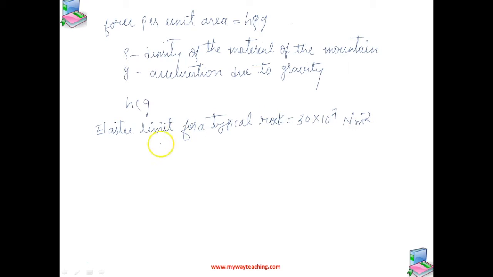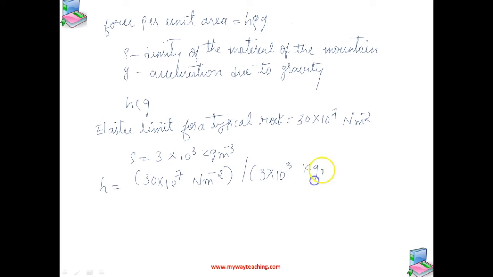So equating this to h rho g, with the density, that is 3 into 10 raised to 3 kg per meter cube, it gives h is equal to 30 into 10 raised to 7 Newton per meter square divided by density times g, so the height is given by 10 kilometer, which is more than the height of Mount Everest.